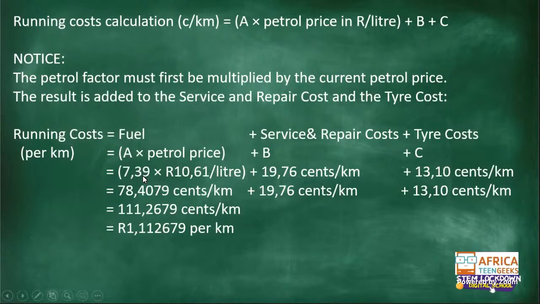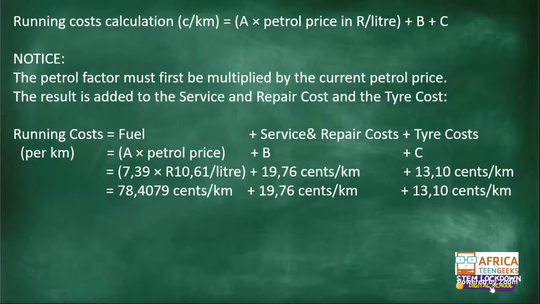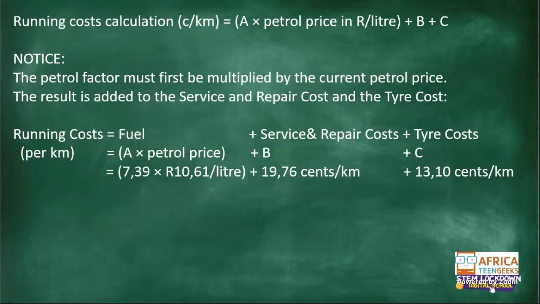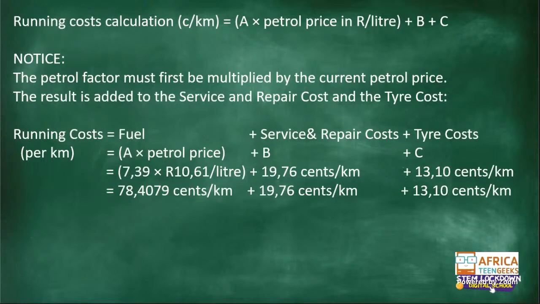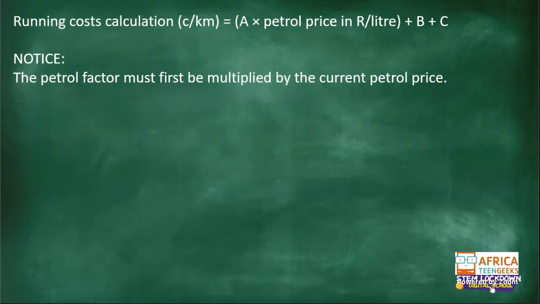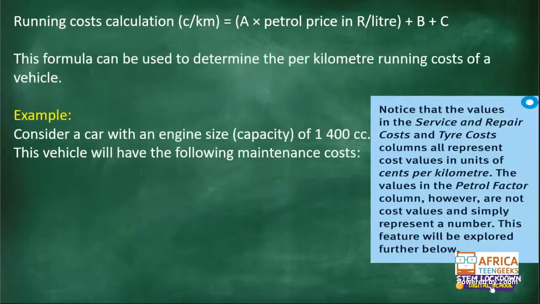As you can see, the engine capacity will now change. It will no longer be 7,39. But the price, remember, is the same. The price of fuel is still the same. So that is 10,61.